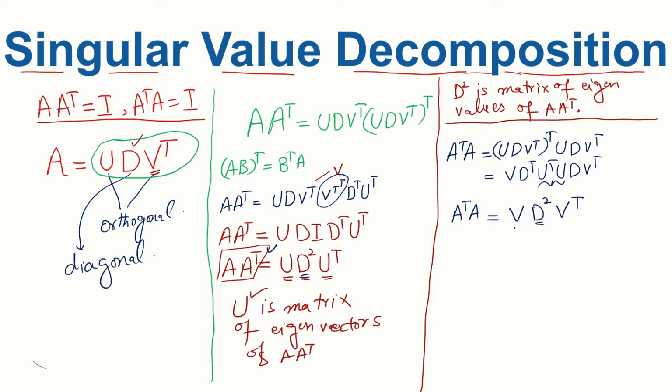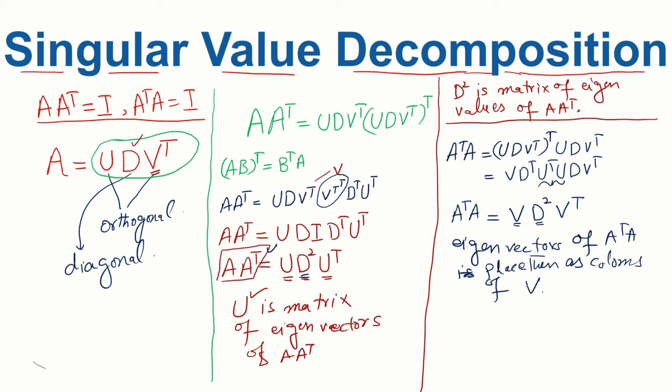Anyways, to find V, we just compute the eigenvectors of A transpose A and place them as columns of V. So V is a matrix of eigenvectors of A transpose A.